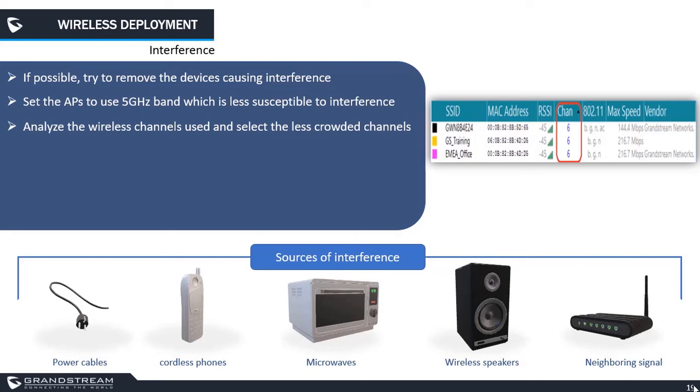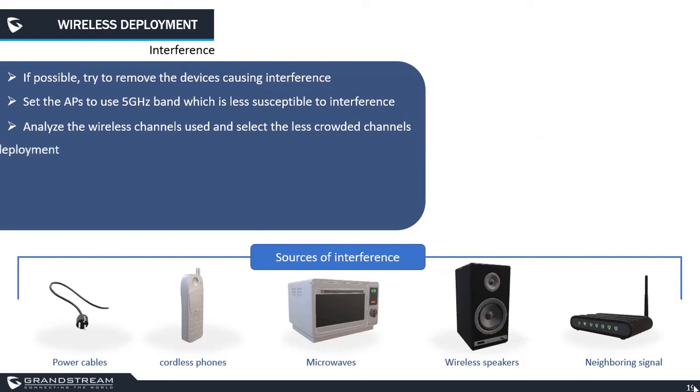Because if you have multiple access points using the same channel, all of them will be competing for the time to use on that same channel, and that's what we call the co-channel interference, or the CCI. So to avoid that issue, you can run Acrylic, or you can use GWN Cloud Site Survey to detect which channels are being used, so you can try to put your access points on a different channel.